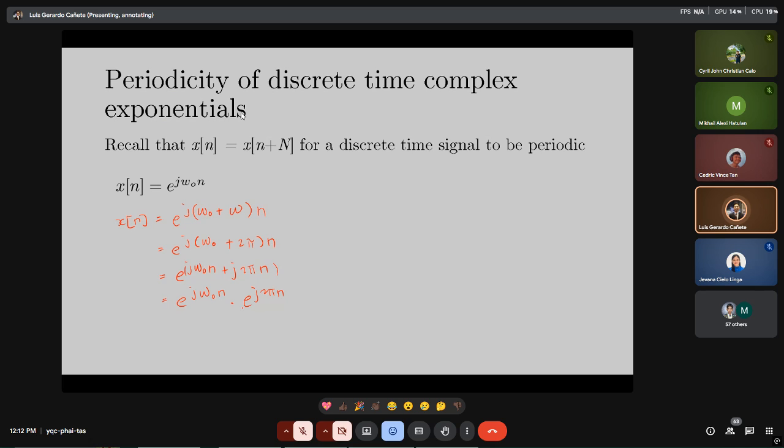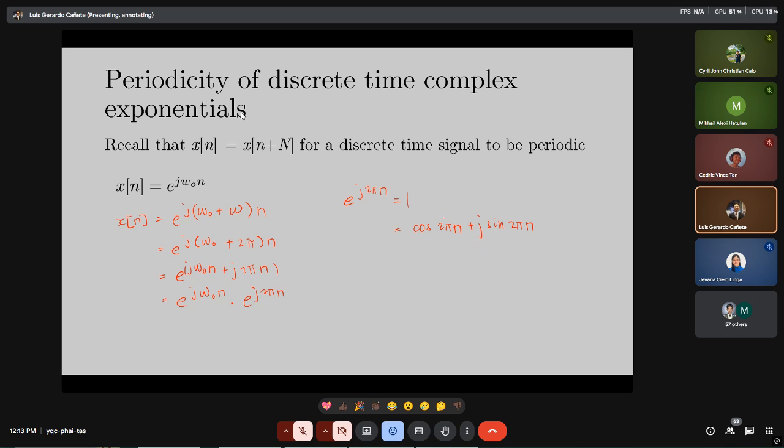Now this is where this gets a little bit strange, and this confused me the very first time I saw this, because e^(j 2 pi n) is equal to 1. And we can show that this is equal to 1 by using Euler's equation, because e^(j 2 pi n) is going to be cosine 2 pi n plus j sine 2 pi n, right?